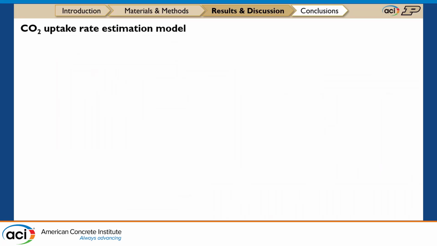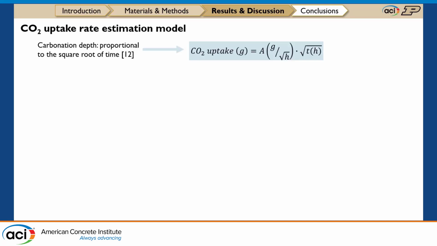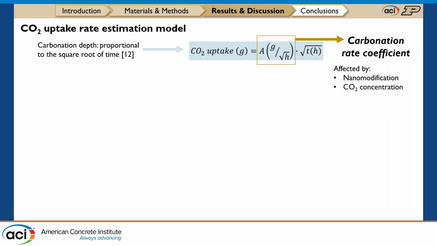And with all of this data, we decided to do an estimation of the CO2 uptake rate. It is commonly known that carbonation depth is proportional to the square root of time. So our proposed formula calculates the mass of CO2 that's uptaken with this same proportion. And that coefficient right here would be the carbonation rate coefficient, which, as we've seen from our results, is affected by the nanomodification and CO2 concentration.